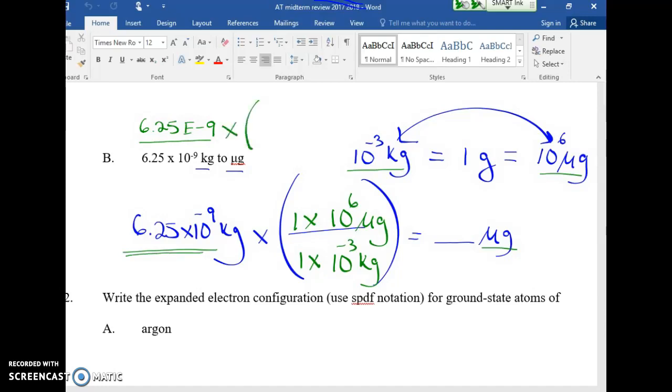Times, open parentheses, 1 times 10 to the 6 is 1e6, divided by 1e negative 3. When I do that, well, 6 minus a minus 3 is 9. So this is, by itself, 10 to the 9. Oh, take a look. 10 to the 9 times 10 to the negative 9, they cancel, leaving you with 6.25. Yay!